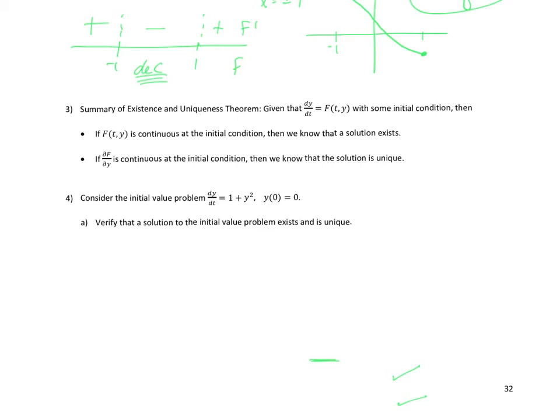You would treat any other variable that shows up in here as a constant. Because we only have y in the function anyway, it just looks like a normal derivative in this case. So the partial with respect to y of 1 plus y squared is 2y. Oh, sorry. The initial condition is 0, 0, not 0, 10.